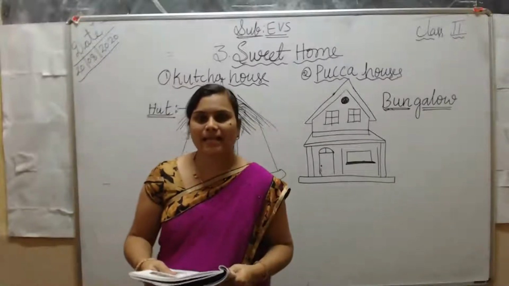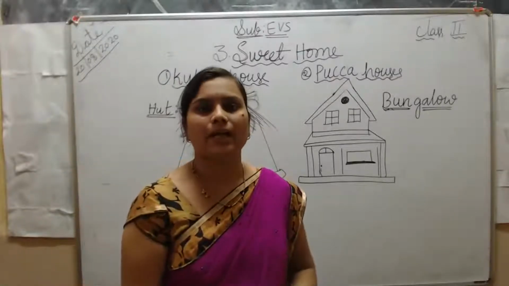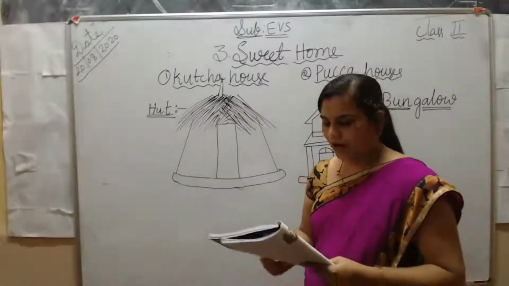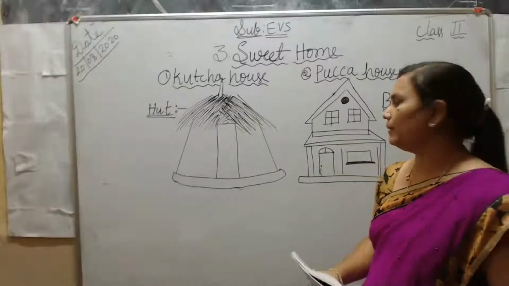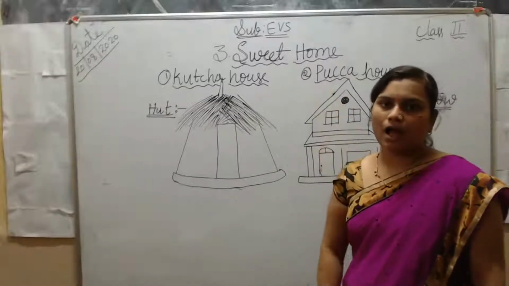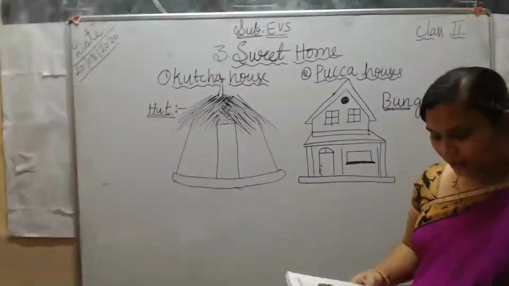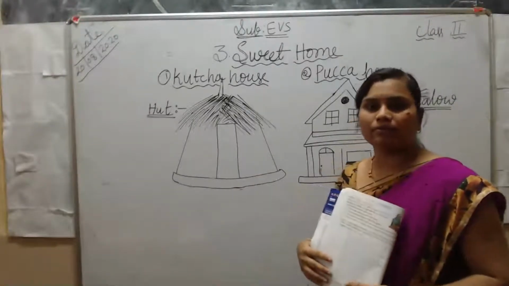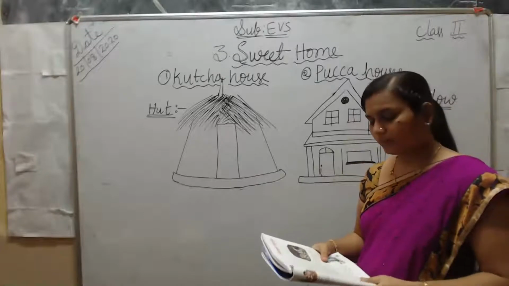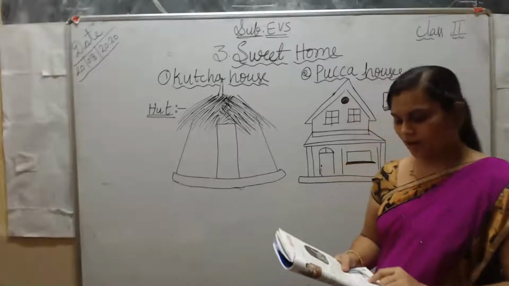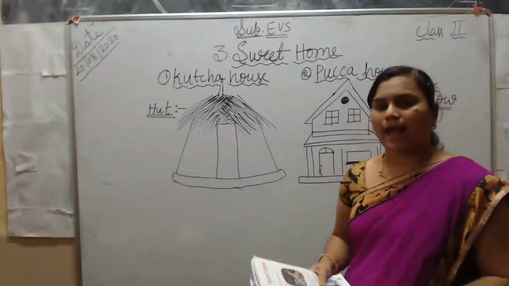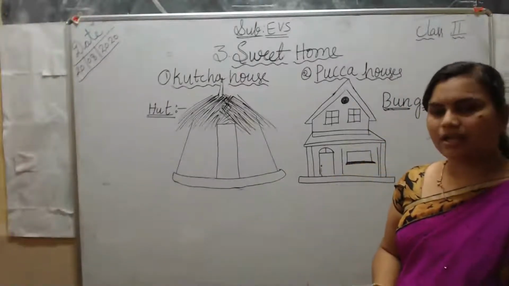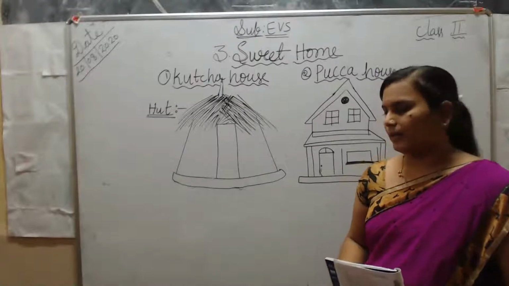In cities and towns, most of the people live in pakka houses. Made of what? Pakka houses are made of bricks, stones, iron, wood, cement, etc. They are strong. They can withstand storm or wind.